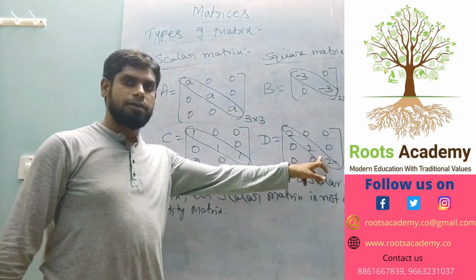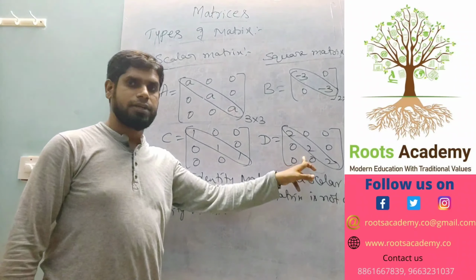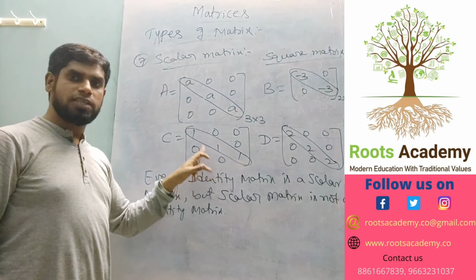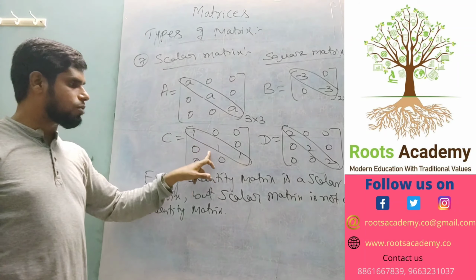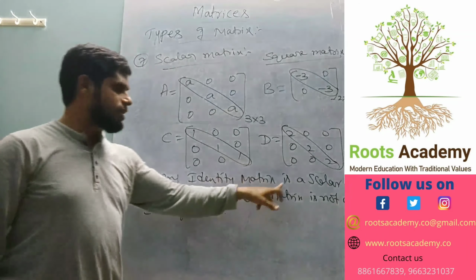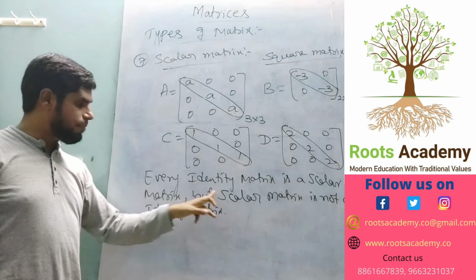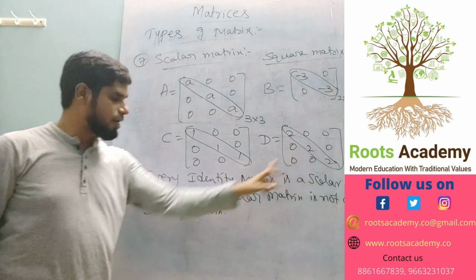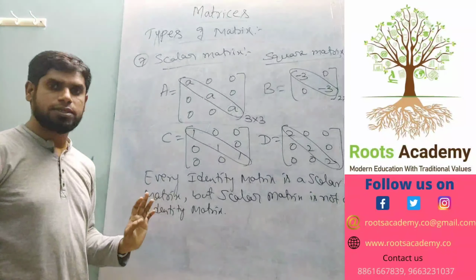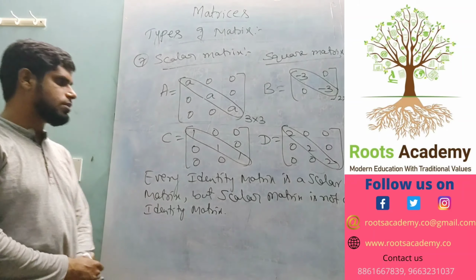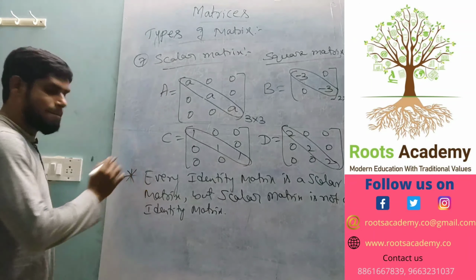It is a scalar, but it is not identity. Here, it is a scalar as well as identity. So the conclusion is the identity matrix is a scalar matrix, but scalar matrix is not an identity matrix. This is a very important statement.